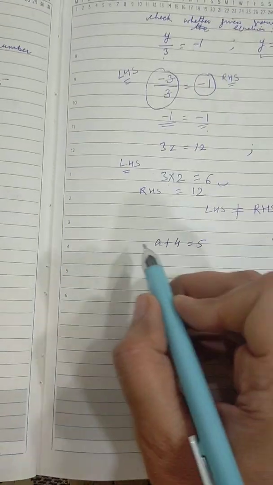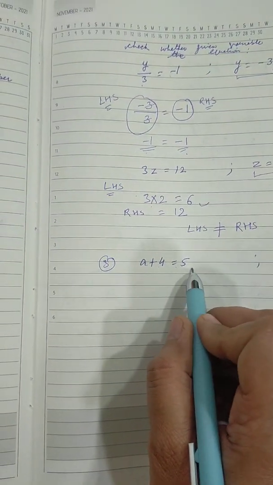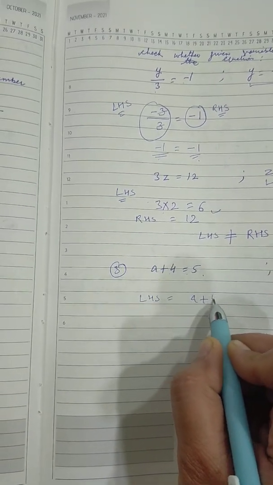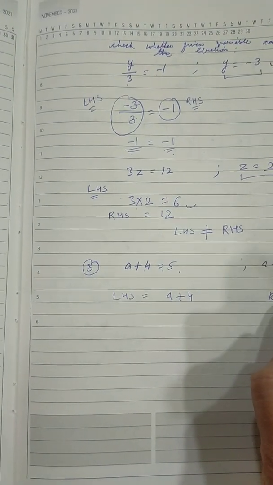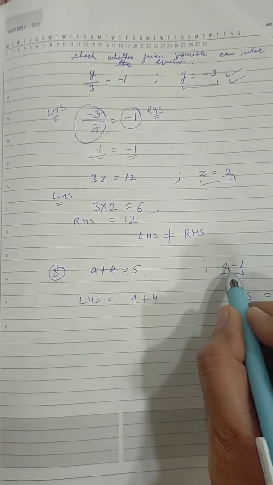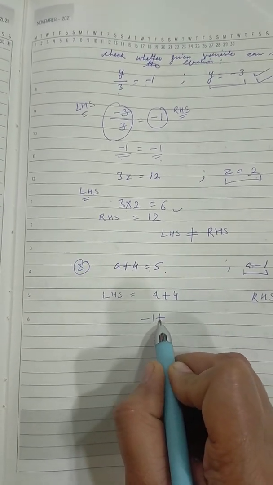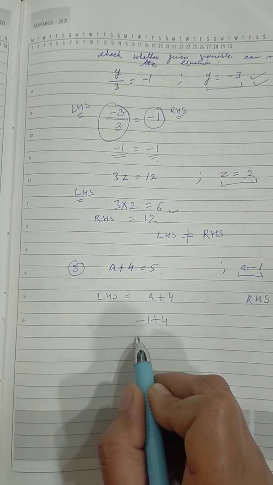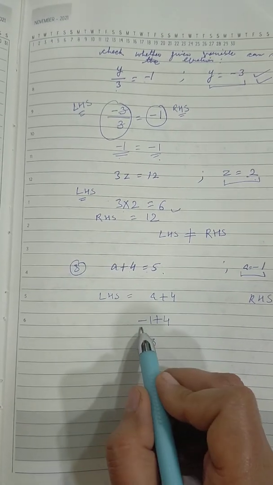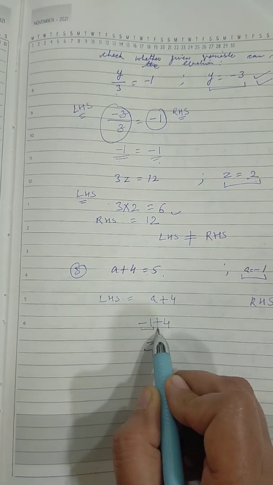Got it? Now the third example, a plus 4 is equal to 5. What I have on the left hand side is a plus 4, and on the right hand side is 5. I'm given the value a is equal to -1. So let me put this value of a into my left hand side, and the answer comes out to be 3, because here this is a negative value and this is a positive value.